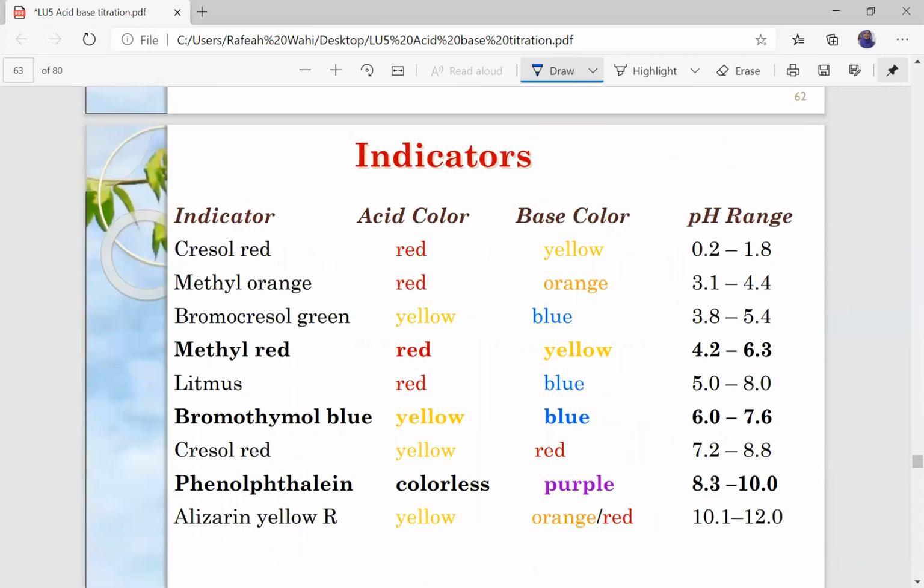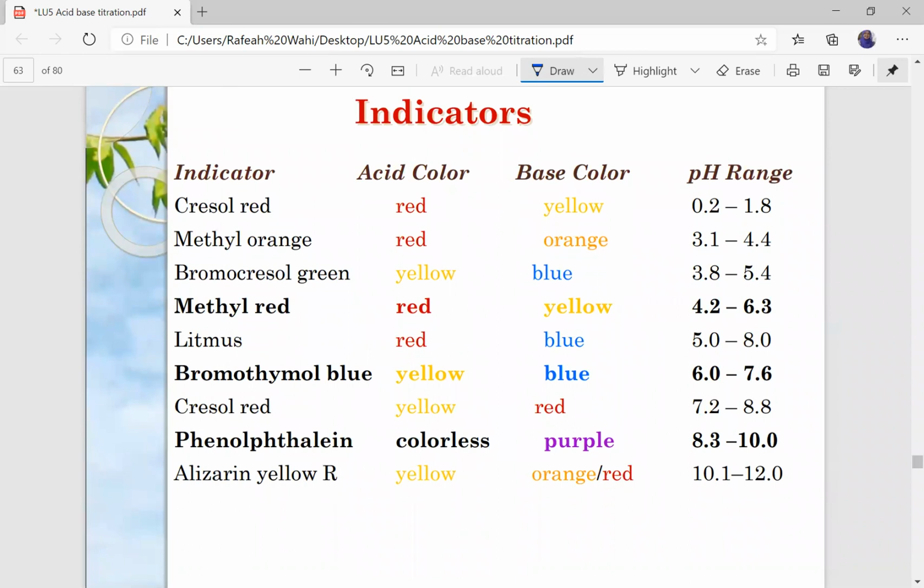So this is the list of common indicators used for titration. If you look at the pH range that they serve, for example, cresol red, it can show color change from red to yellow at pH 0.2 to 1.8, which is very acidic.